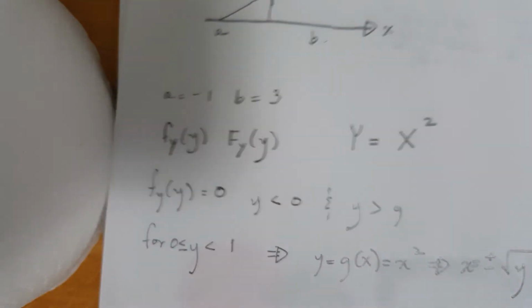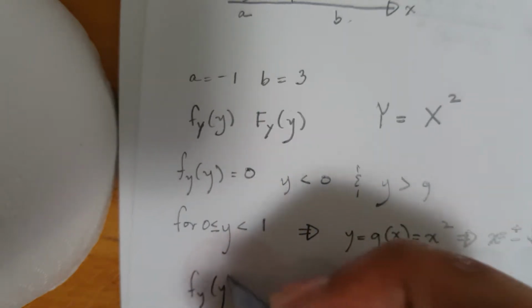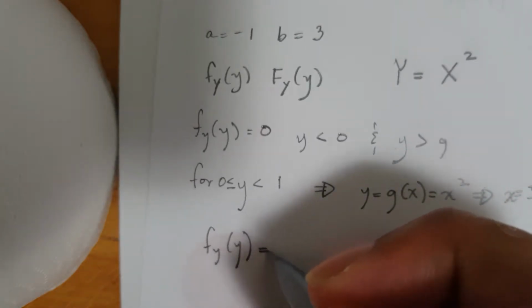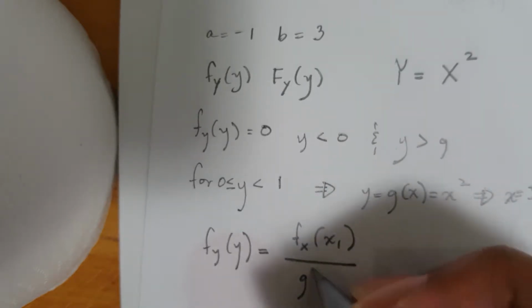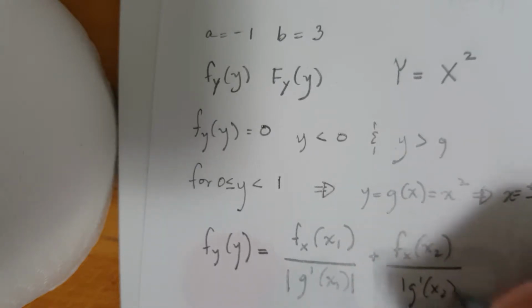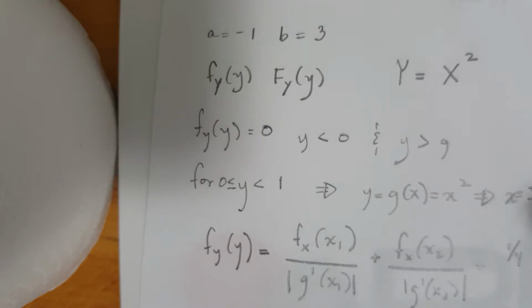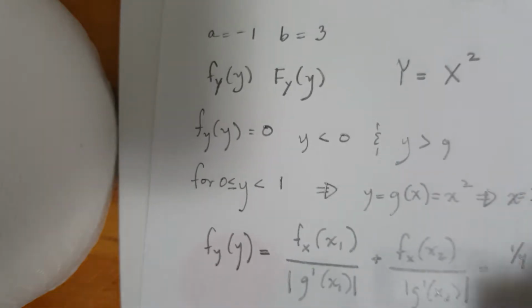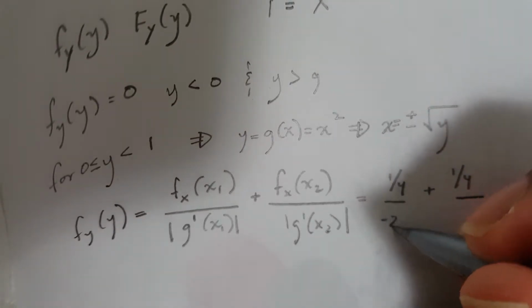So for f of y, we have f of x at the first root plus f of x at the second root, which is, of course, 1/4 plus 1/4, over 2 square root of y.